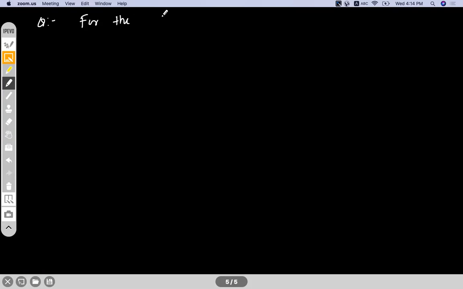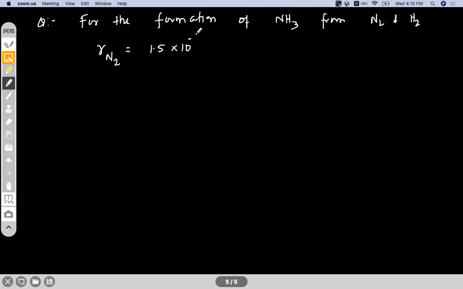This question you see. The statement is for the formation of NH3 from N2 and H2. The rate of N2 is given, that is 1.5 into 10 to the power minus 3 molar per second.